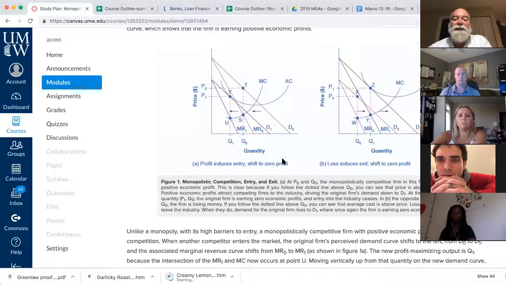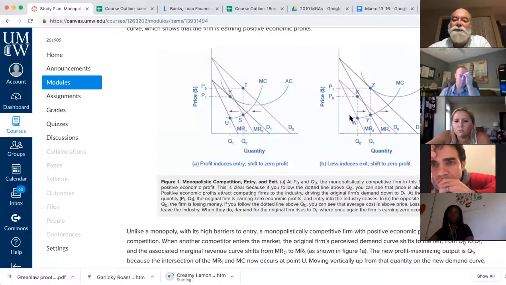Okay, now the same story, but in reverse, happens over here. Okay, where we start is D0, MR0, and the marginal cost curve, right? So where marginal cost intersects MR0, yeah, I'm a little bit confused here.